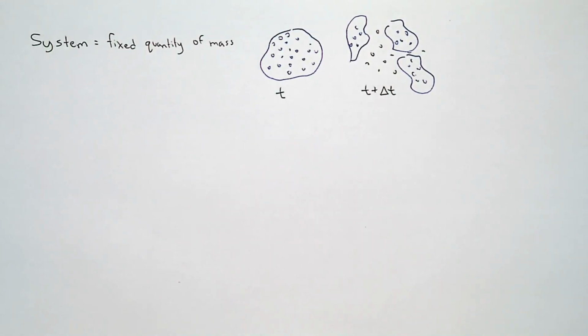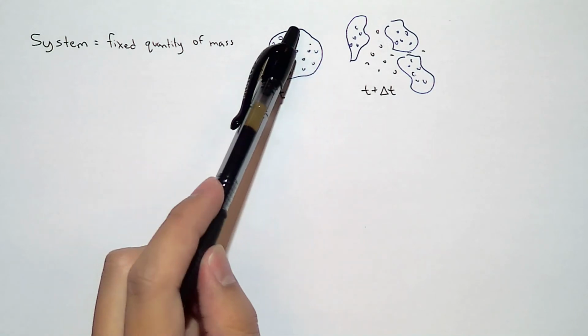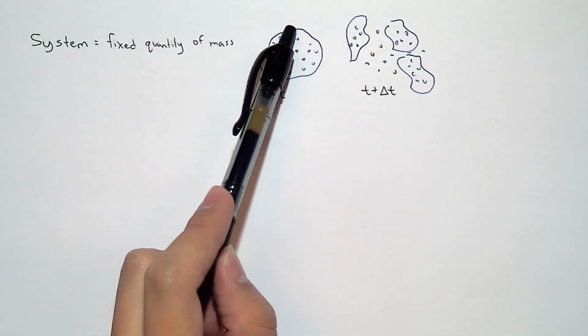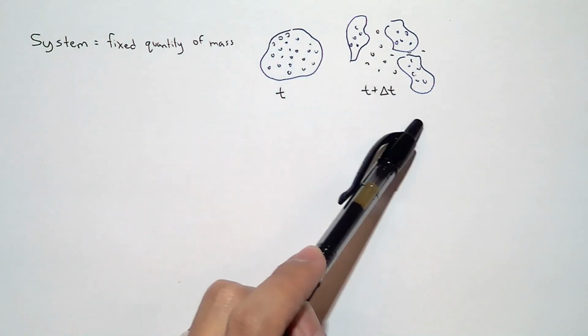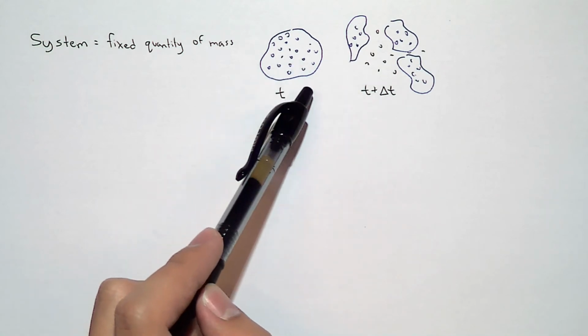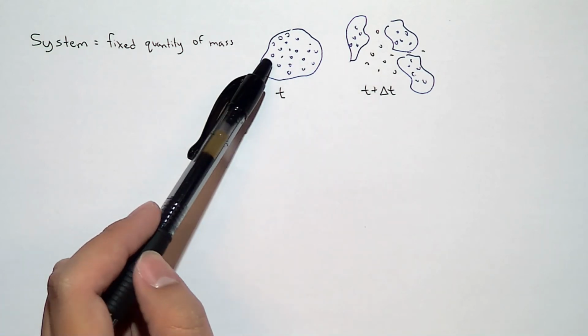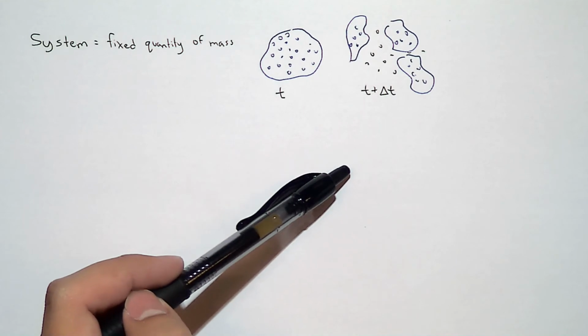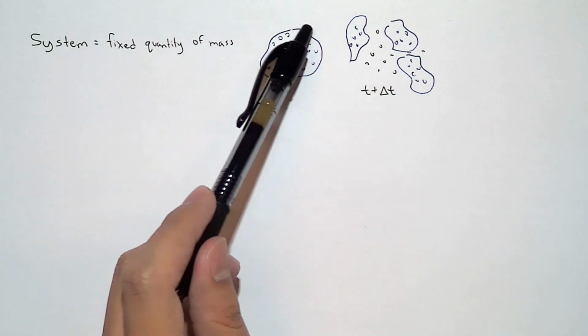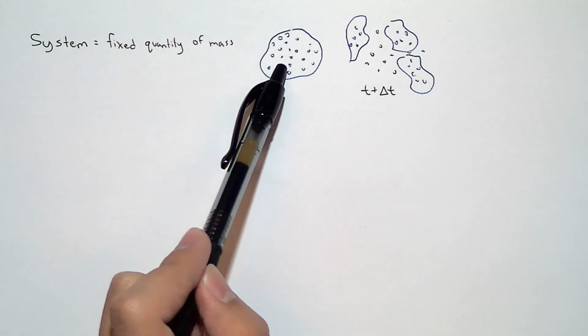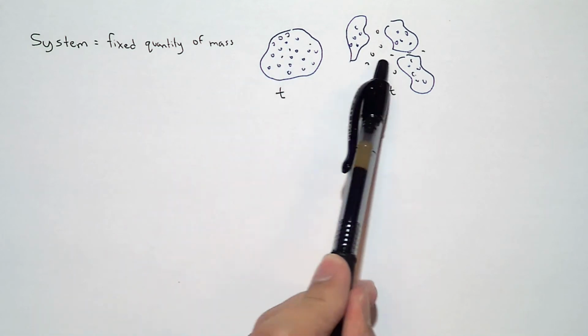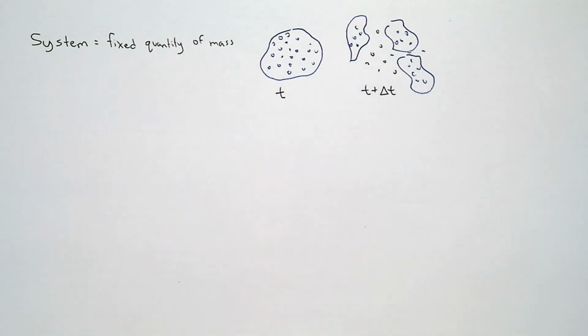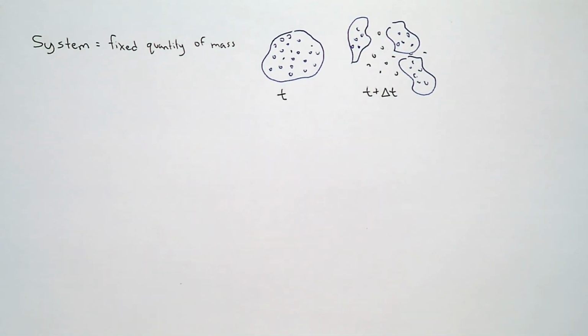So based on the definition of a system, if I'm studying a fixed quantity of mass, a fixed quantity of matter, that means that I only care about these particles, regardless of where they are. I'm going to follow these particles and not care, or at least not study, anything that's outside of these particles. So a system is a fixed quantity of matter, and notice that we can have flows where the system intermingles with other particles that are not part of it.